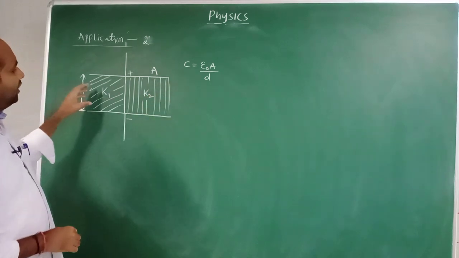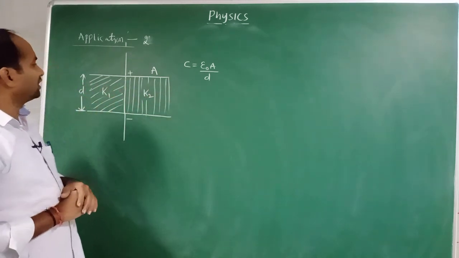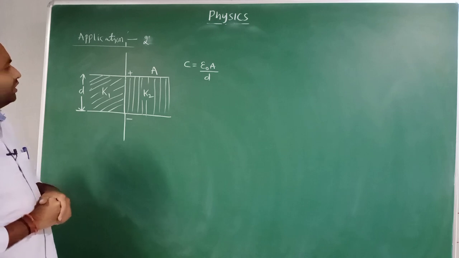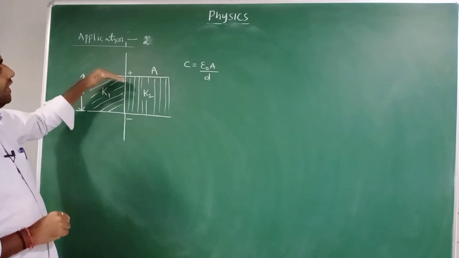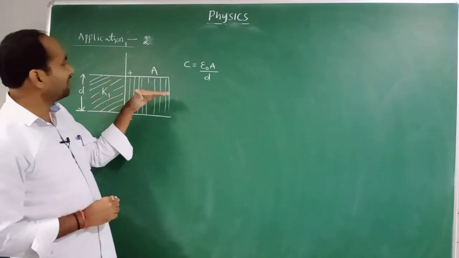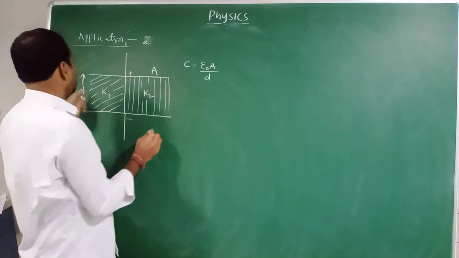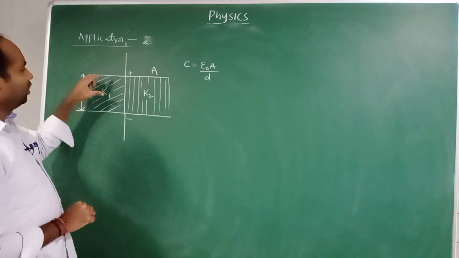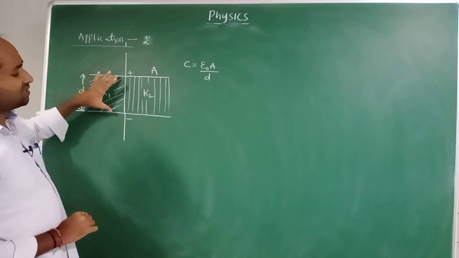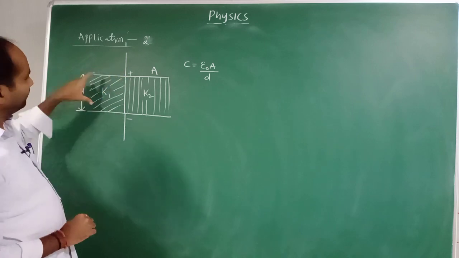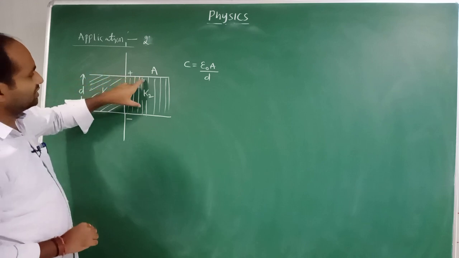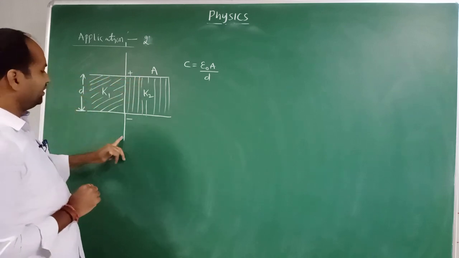Whenever we introduce the two dielectric slabs of constants K1 and K2, what happens? The area becomes half of that initial value, but the distance never changes, it remains D. Now here you should take this as one parallel plate capacitor, this part, and this as another parallel plate capacitor. Here what is C1?